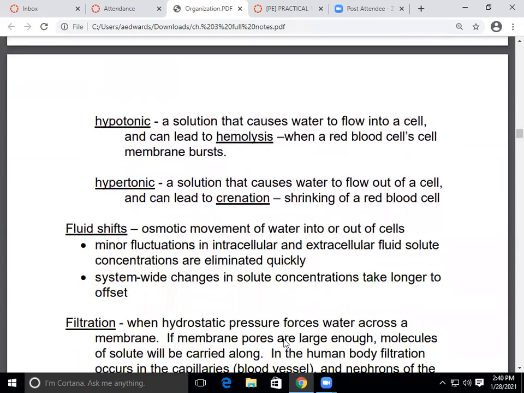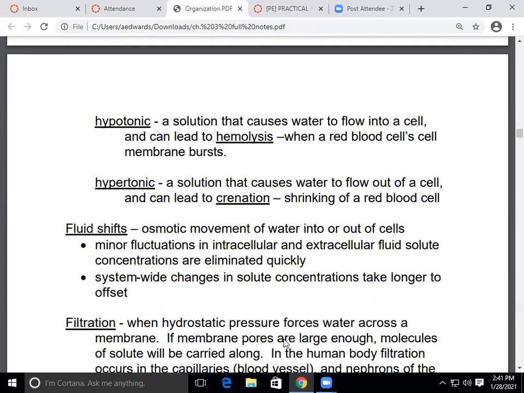All right, hypotonic means water is going to start flowing in the cell. Okay, and that can lead to what we call hemolysis. Right, because if water goes in the cell, what's that going to do to the cell? It expands, it swells. What happens if too much water gets in the cell? It explodes.